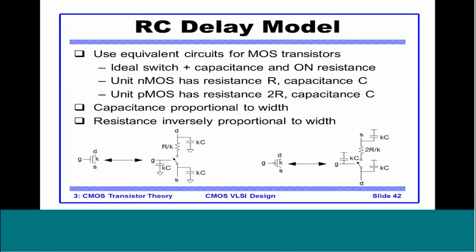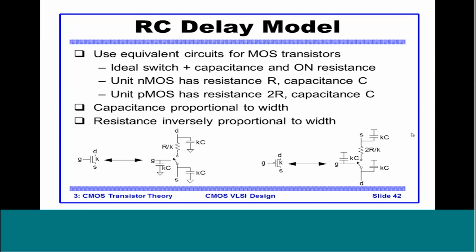So unit NMOS has resistance R, capacitance C. Unit PMOS has resistance 2R and capacitance C. Capacitance is proportional to width. As the width increases, the capacitance increases, but resistance, if you remember, is inversely proportional to width. So as the width increases, R decreases.